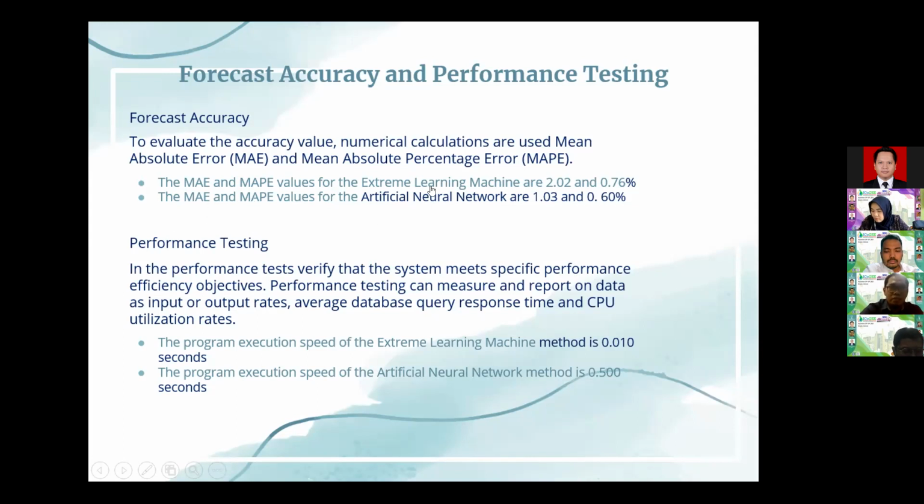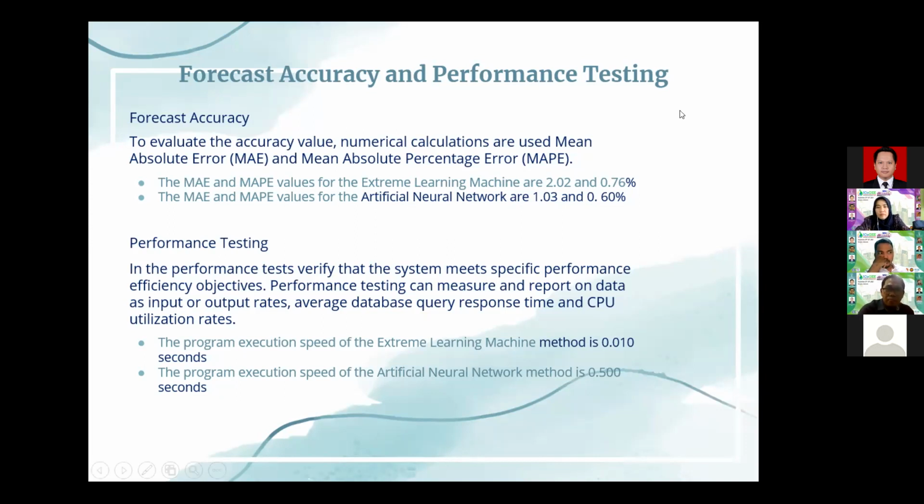ELM gives an MAE of 2.02 and a MAPE of 0.76%. But the ANN gives an MAE of just 1.03 and a MAPE of 0.60%. It is very different.